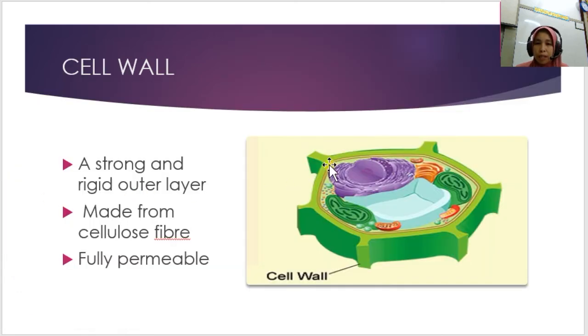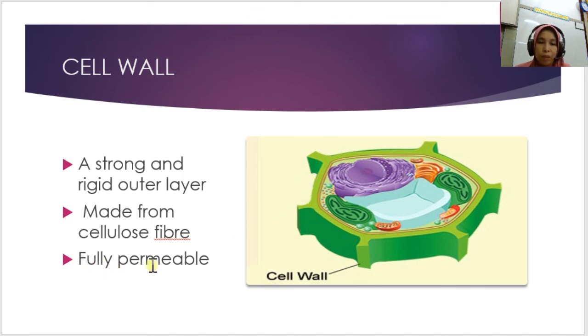Okay, cell wall. Cell wall refers to the strong and rigid outer layer made up of cellulose fiber. Cellulose fiber is tough, that's why the cell wall becomes rigid.